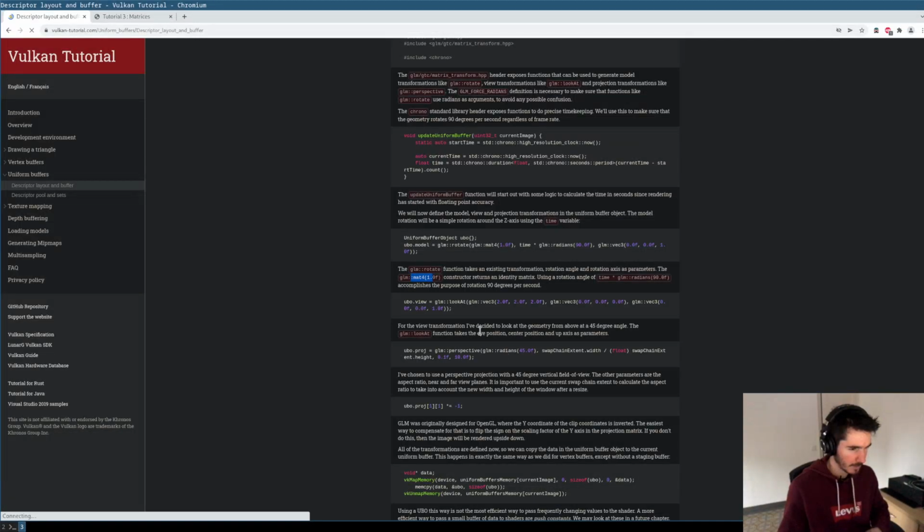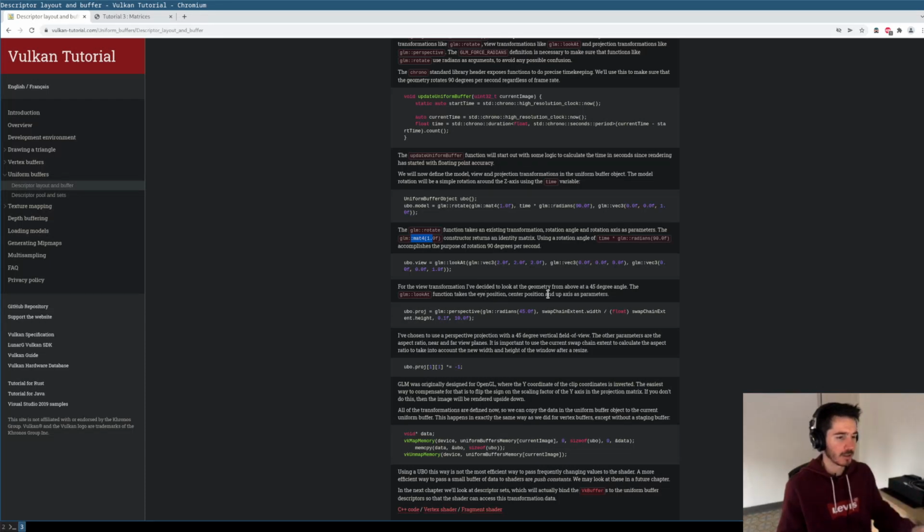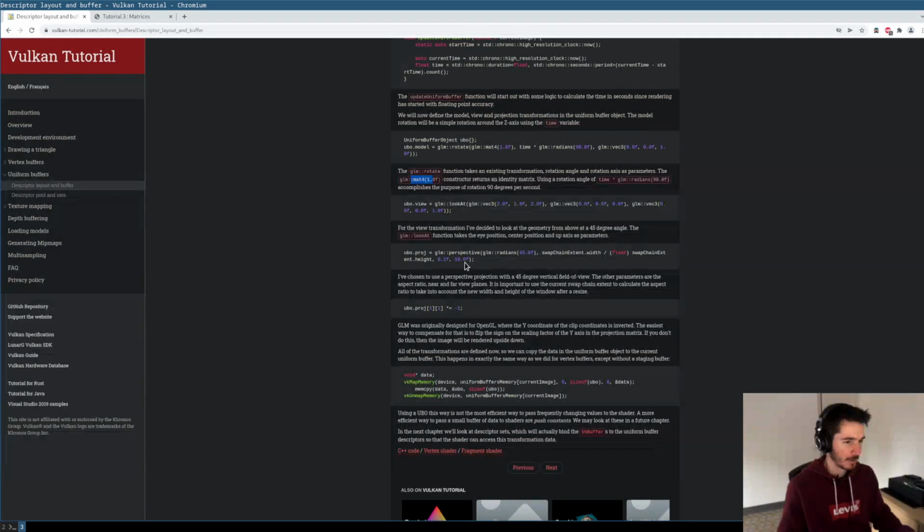In the view transformation, we add a lookAt transformation, which takes the eye position, center position, and up axis. And for the projection, they use a perspective transformation using an angle of 45 degrees and the aspect ratio of the swapchain extent.